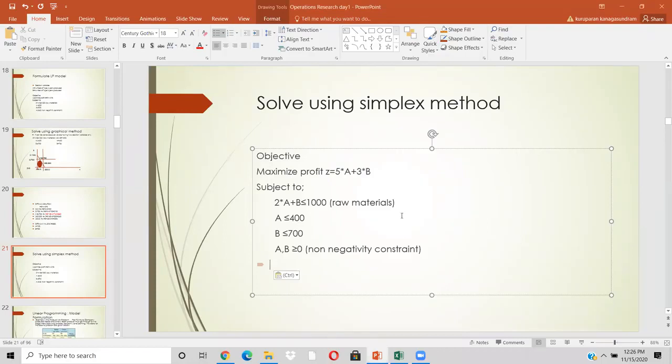The simplex method can only solve for equal constraints, not for unequal ones. So be careful, you can't do it with this. You have to change this. How to change? I said earlier.